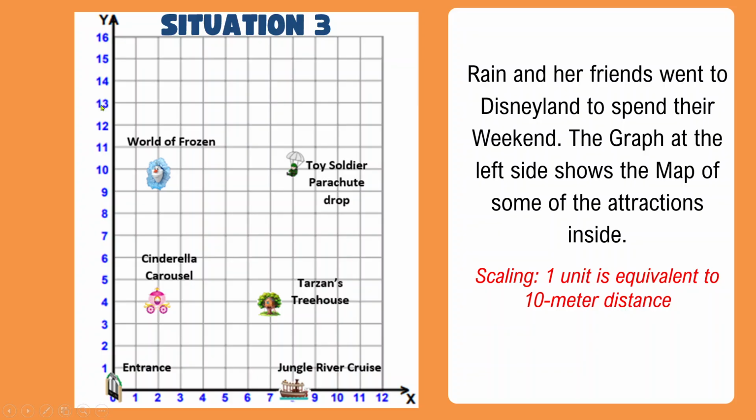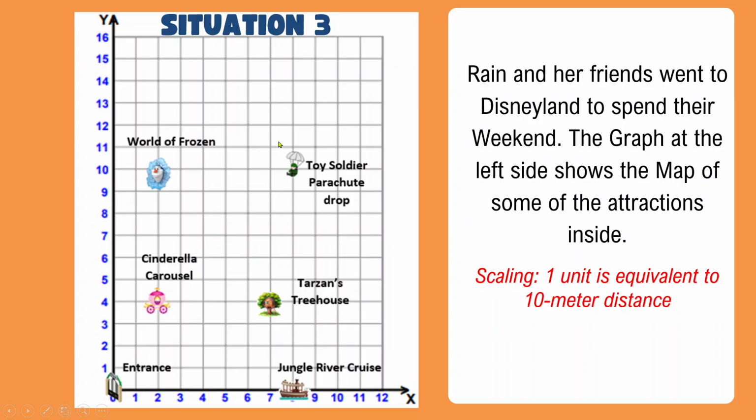So what we have here, we have x and y coordinates, but as you can see, it is just the quadrant 1. These attractions lie on quadrant 1, because we have here the x values that are positive and the y values that are positive.